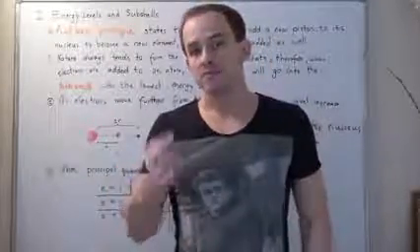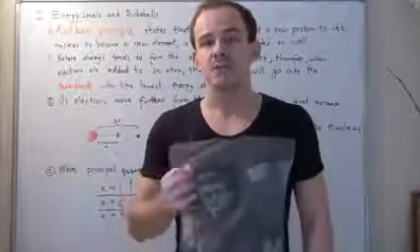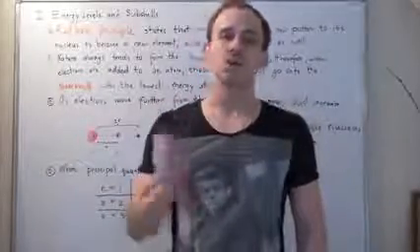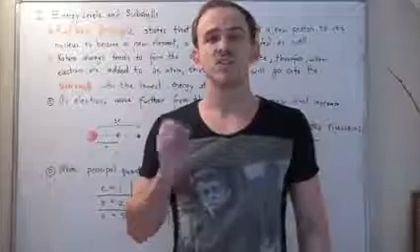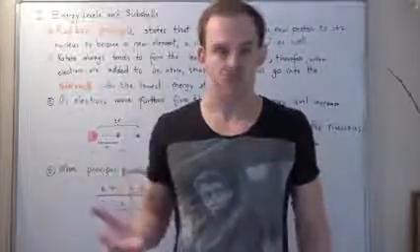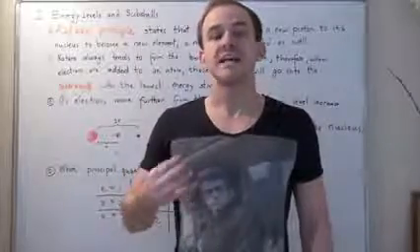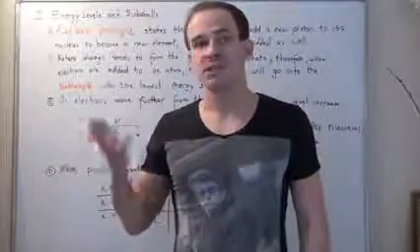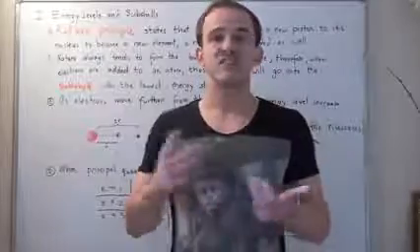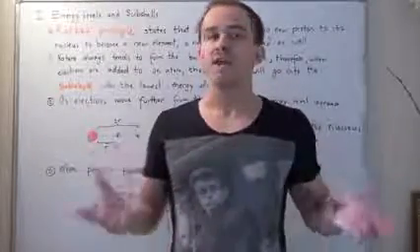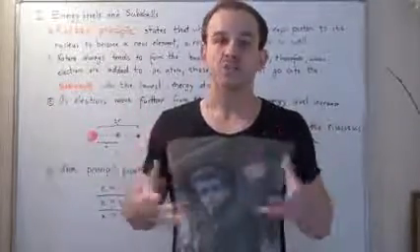So, the problem is the following. Whenever we add a proton, we know exactly where our proton goes. That proton goes into the nucleus along with all the other protons. What about our electrons? We have options as to where to place those electrons because we have many different shells, many different subshells, and many different orbitals within our subshells.